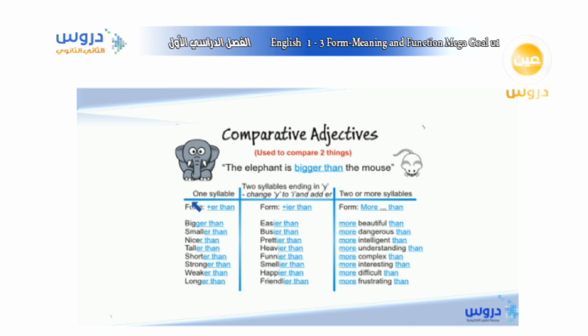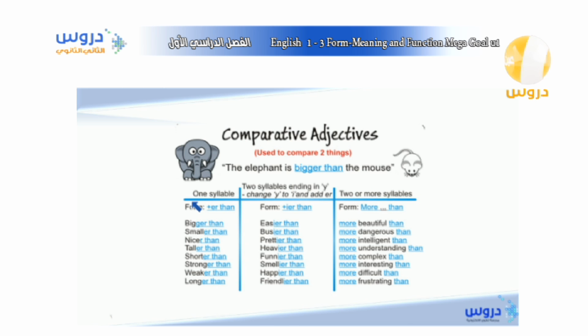Okay, I'll tell you examples. Big, small, nice, tall. These are one syllable. I'll tell you examples of more than one syllable. Beautiful, 2 syllables. Dangerous, 2 syllables. Intelligent, 3 syllables.